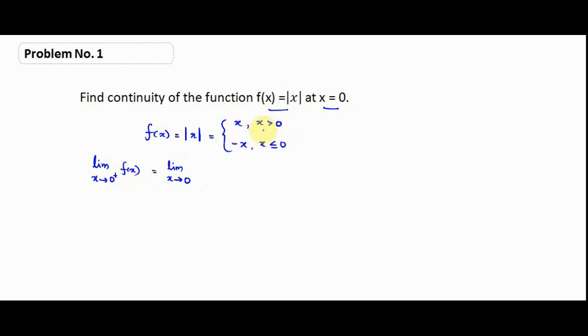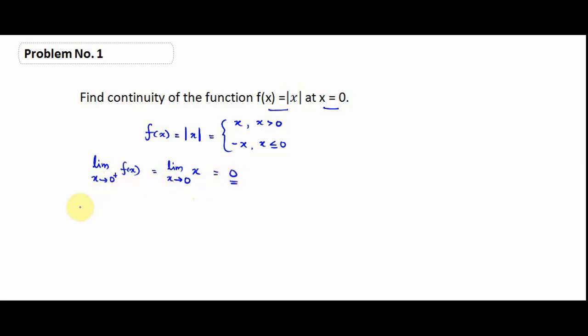Therefore, for x equal to 0 plus, f of x is defined as x itself. So let's replace f of x with x. We may rewrite this expression as limit x tends to 0 of x. When you substitute x equal to 0 here, what we get is 0. So the limit value of the function f of x as we approach the point x equal to 0 from the right side is found to be equal to 0.